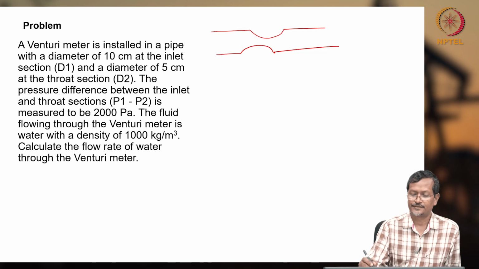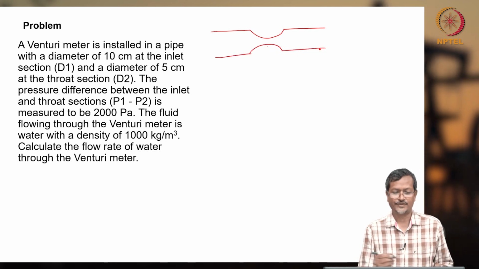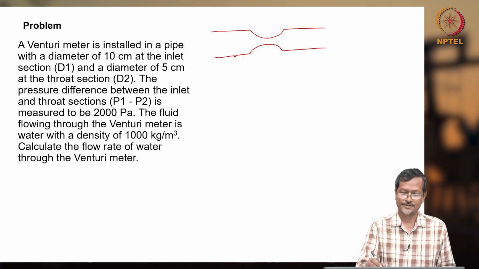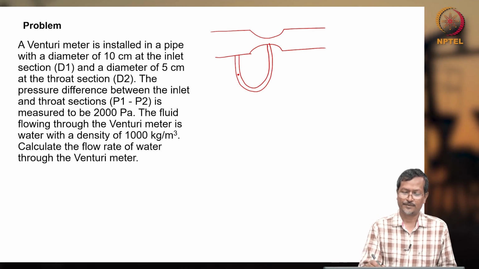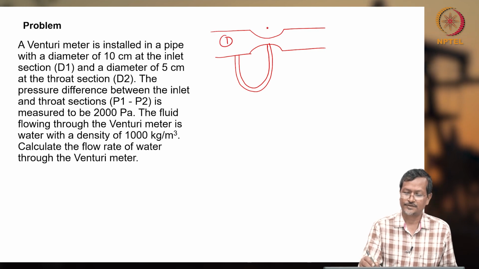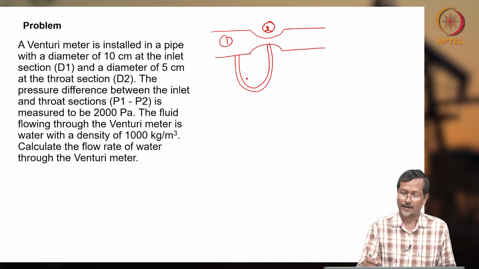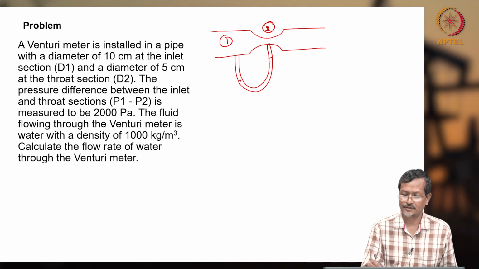You have one venturimeter installed like this, and I have one manometer here. This is section 1, this is section 2. At the manometer, section 1 pressure is higher and section 2 is lower.